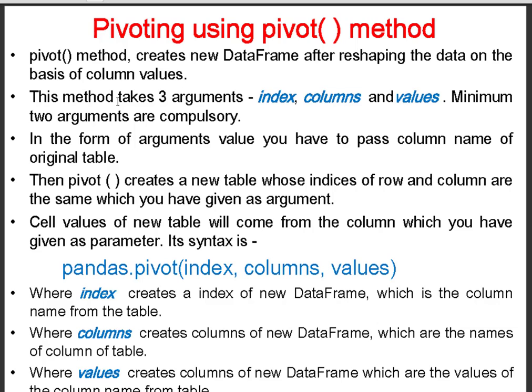This method takes three arguments, meaning into the pivot method we pass three arguments, and these arguments are index, columns and values. These three arguments you can pass into the pivot method, and a minimum of two arguments are compulsory.